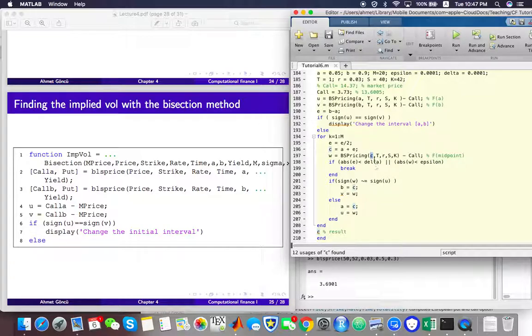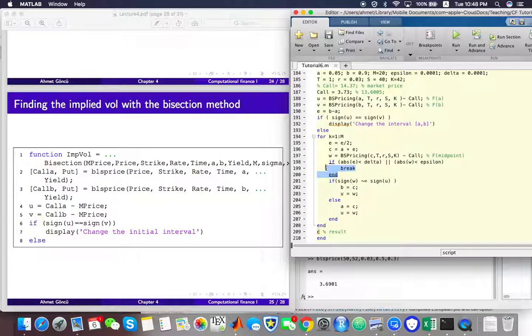This C here is the midpoint where we are evaluating our function, and if this value is already very close to 0 or equals 0, that means we already found the root of this problem. Alternatively, if your interval size is already sufficiently small, you don't need to continue to cut your interval in half.